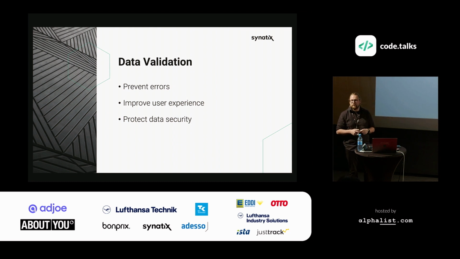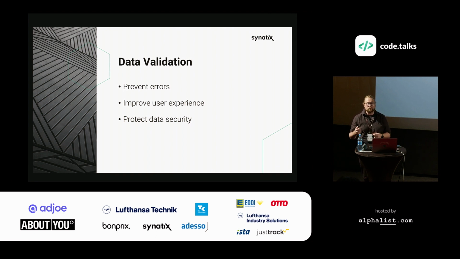Well, data validation is very important, and that should be obvious, but it's also very important to have it at the edge of your system. So when data comes into your system, you want to validate it, and not later when you try to save it to your database, because it will be difficult to find out what went wrong. So to prevent errors, a schema declaration library can help there, obviously.